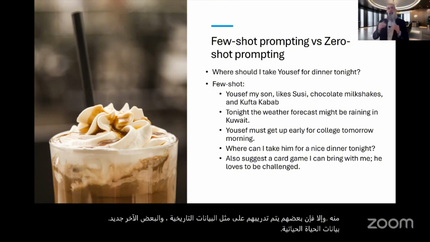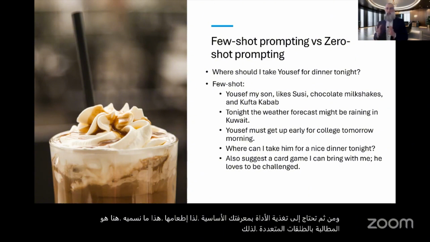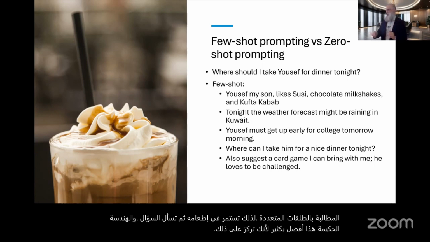Hence, you need to feed the tool with your background knowledge. This is what we call multi-shot prompting. So you keep feeding it, and then you ask the question. Engineering-wise, this is much better because you are focusing and giving more precise information. So this is how we do it here.